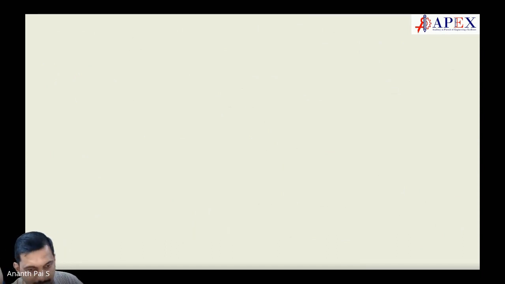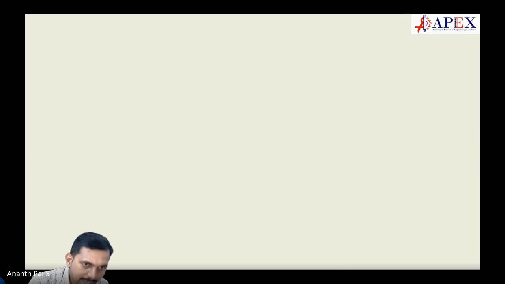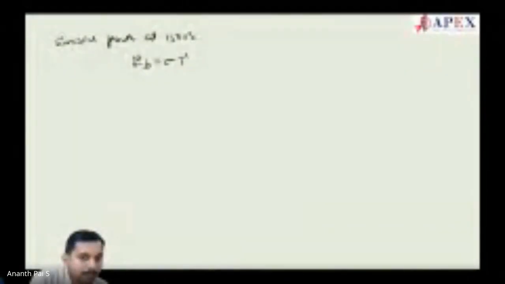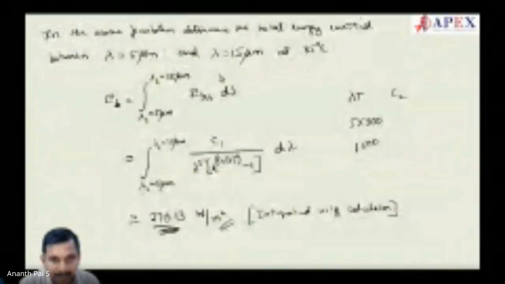Okay. Now, what is the emissive power at 1500 degrees? If you see emissive power at 1500 degrees centigrade, it is Eb is equal to sigma into T power 4. 1500 degrees centigrade, we have said, no?